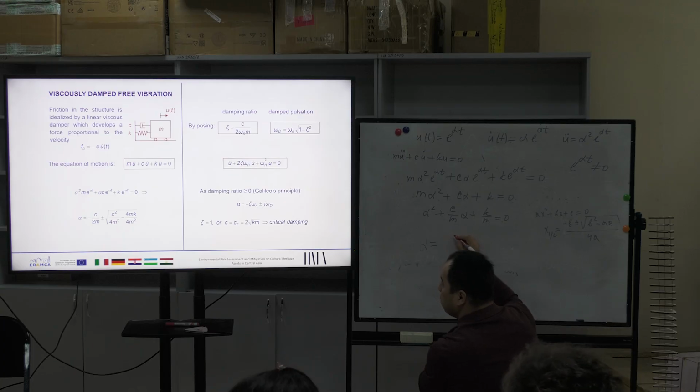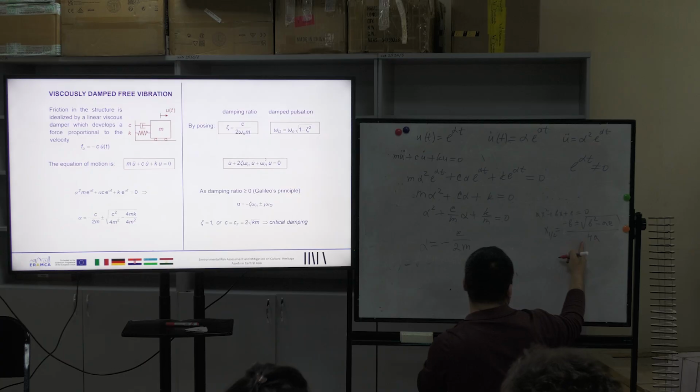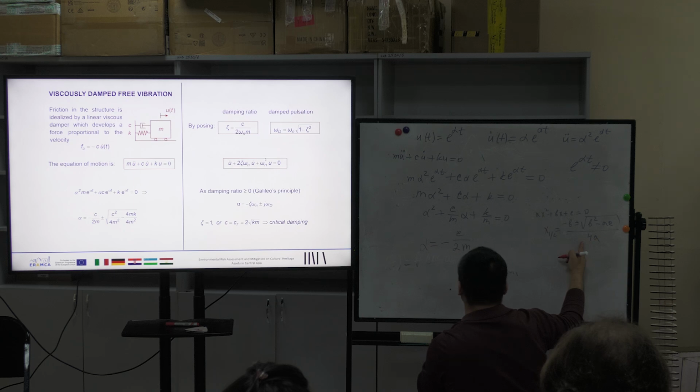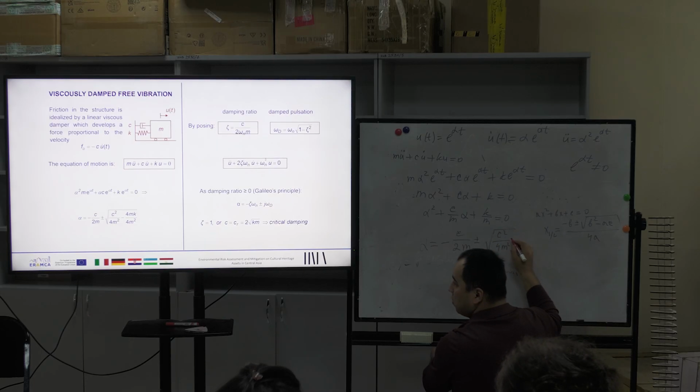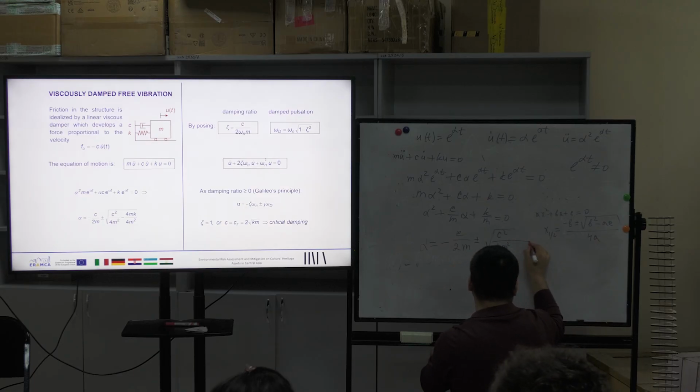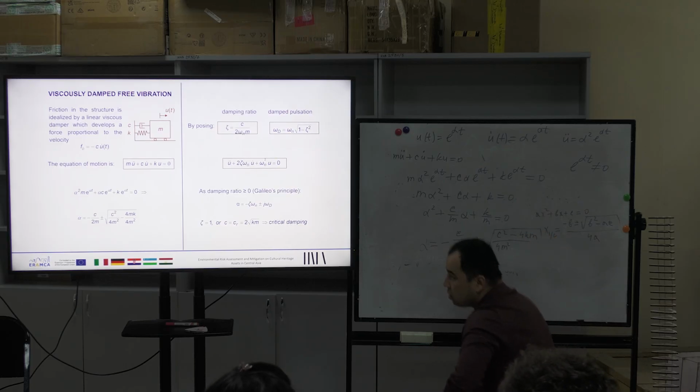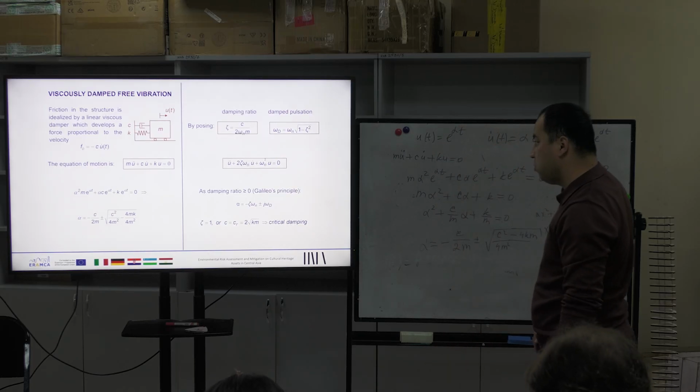Alpha is equal to minus this coefficient c over 2m, plus or minus the square root of c square divided by 4m square minus k over m. Okay? The solution for alpha is like this.